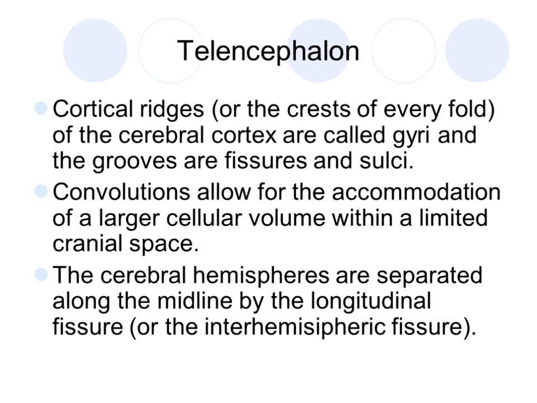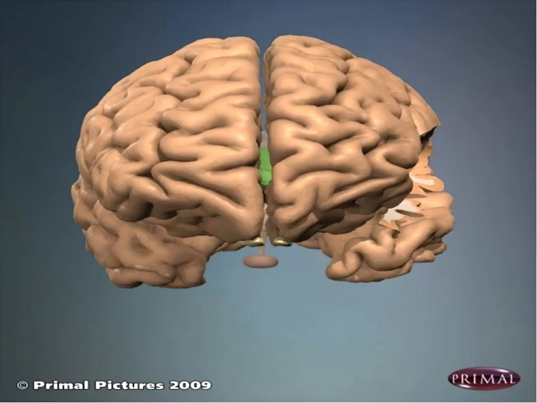The cerebral hemispheres are separated along the midline by the longitudinal fissure, and another name for this is the interhemispheric fissure. Okay, so here is the longitudinal fissure, and a fissure is just a deep hole. Now, you can also see where the green is that I did not draw, so I'm just going to point to it using blue or black.